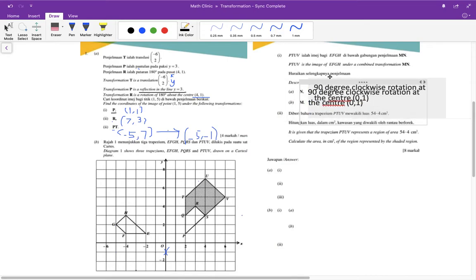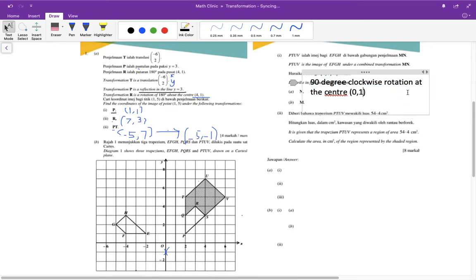It's really annoying, but never mind. Let's continue. So just write this: 90-degree clockwise rotation at the center, 0, -1. Sorry. Let's see, it's over here. Okay, good.